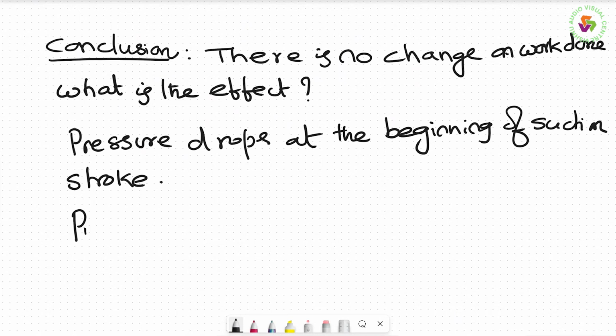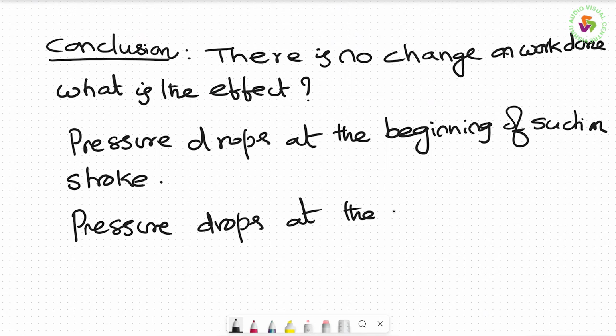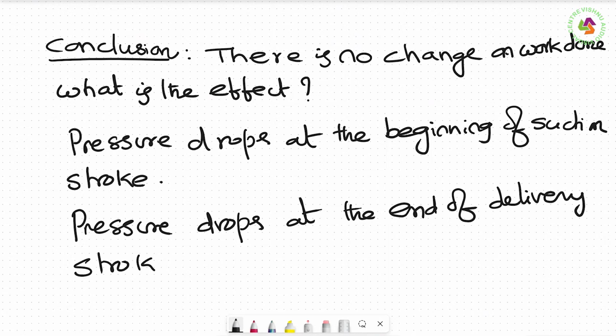Again, pressure drops at the end of the delivery stroke. So these are the conclusions from it. When acceleration affects, suddenly the pressure will reduce in the suction stroke, and so these are the important points for our future study.